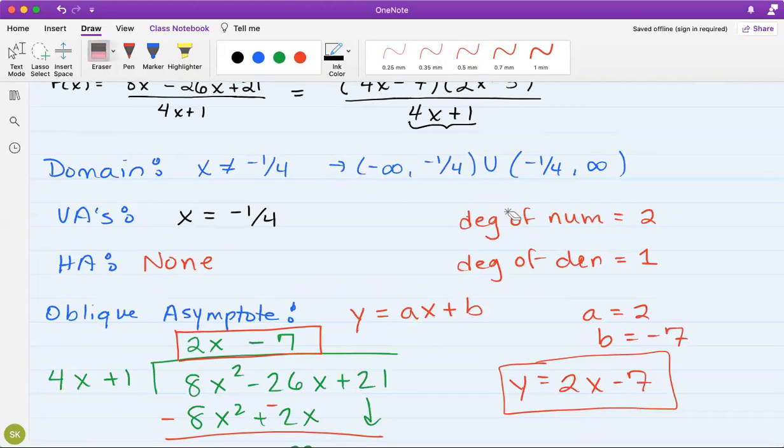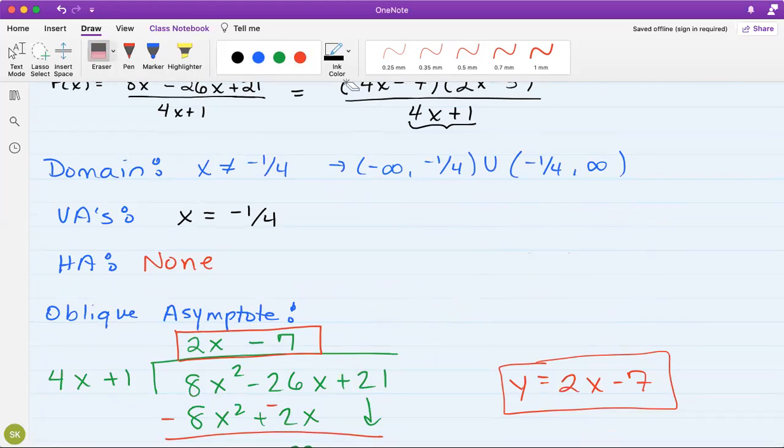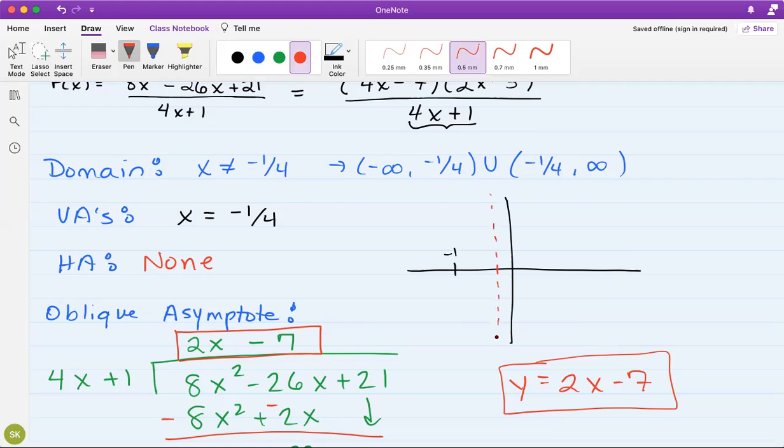Okay, so let's erase this. I'm going to sketch this right here. So let's put this in black. Okay, so we have a vertical asymptote at negative 1/4. So if this is negative 1, a fourth of this, about right here. So we're going to have some kind of asymptote here.